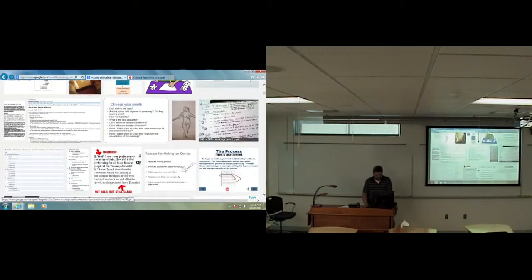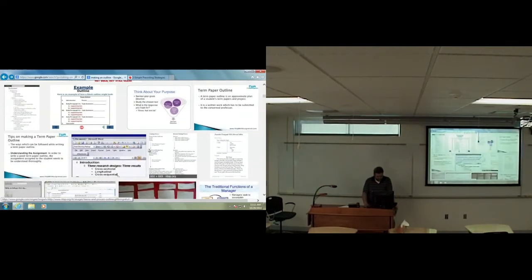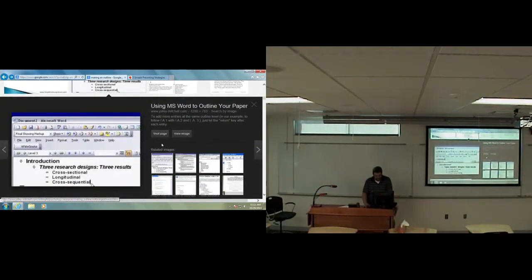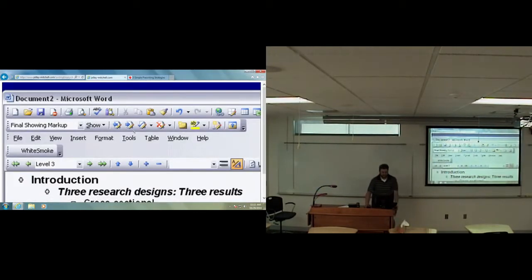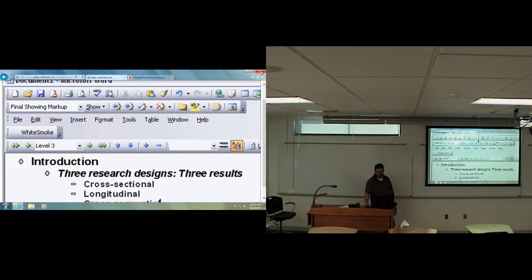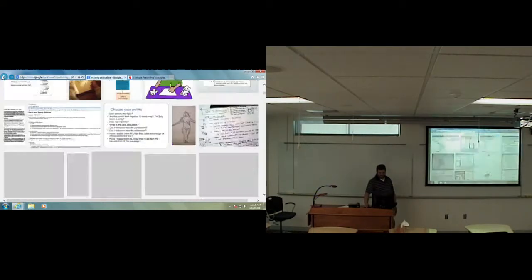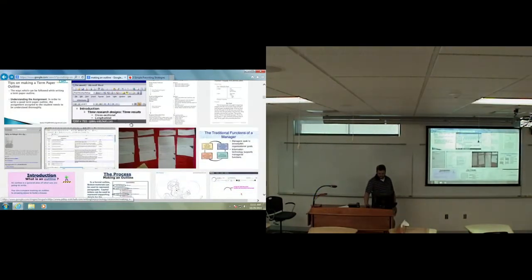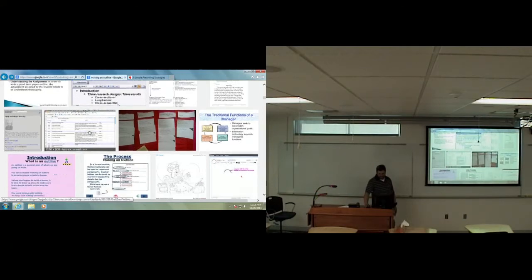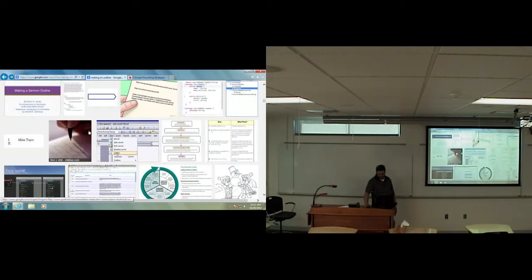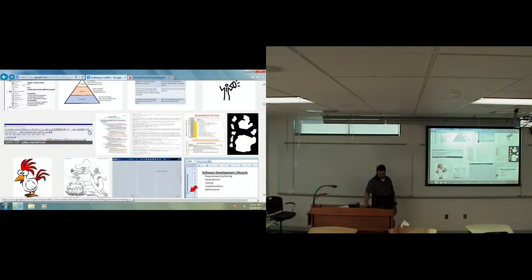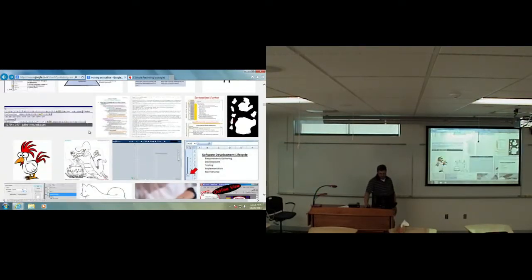Let's find a newer version of Microsoft Word. Yeah, it's not all that new, dang it. Goodness, all these are old versions of Microsoft Word. We want a new version of Microsoft Word.